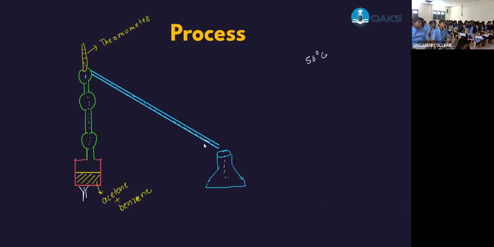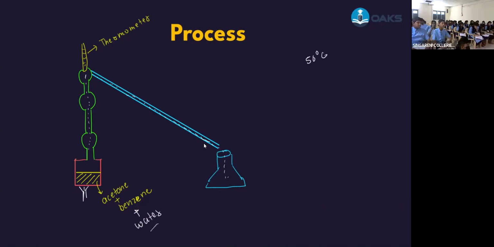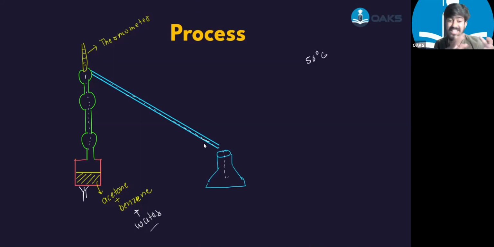Now see, suppose I'm going to add some other thing, let's add water also. Now see, what is going to happen? Unless and until I increase the temperature to 100 degrees Celsius, will water be separated? Think about it.